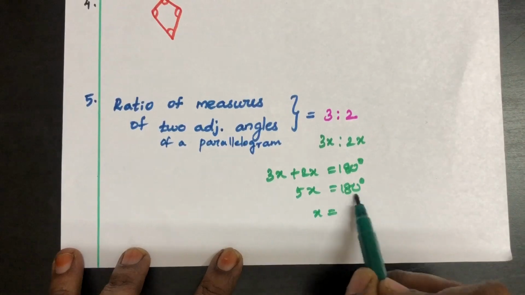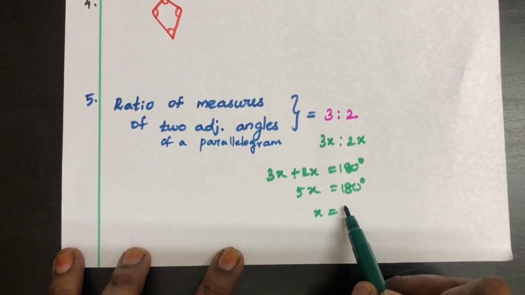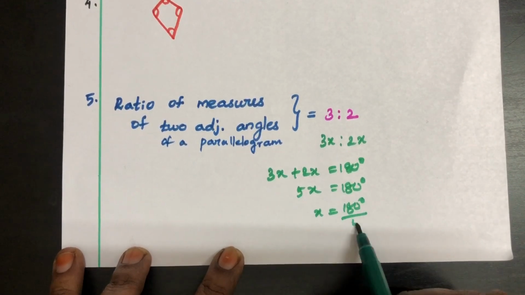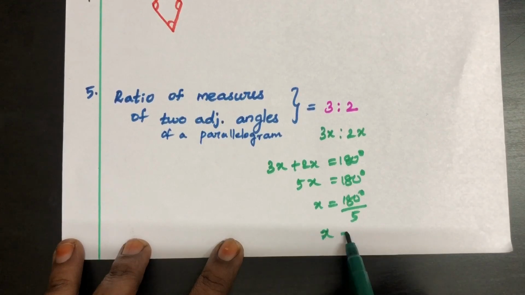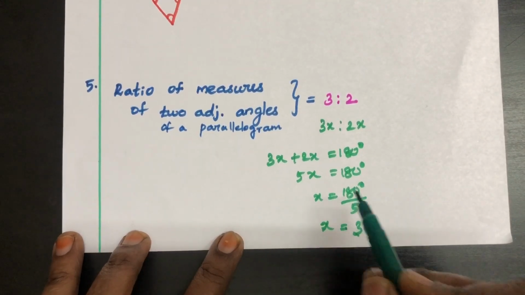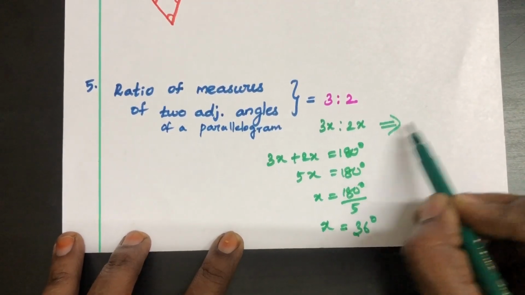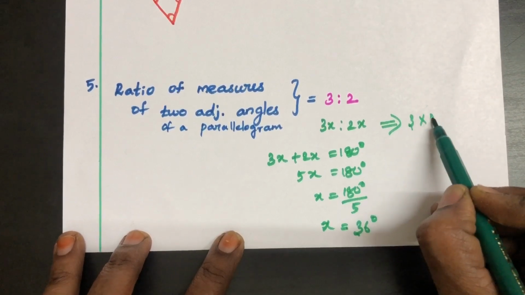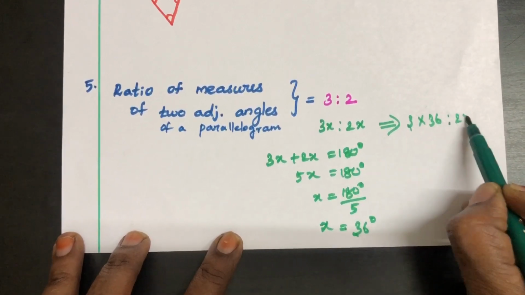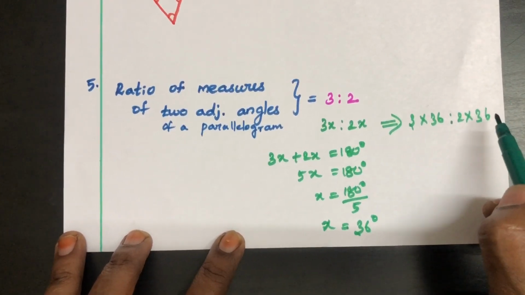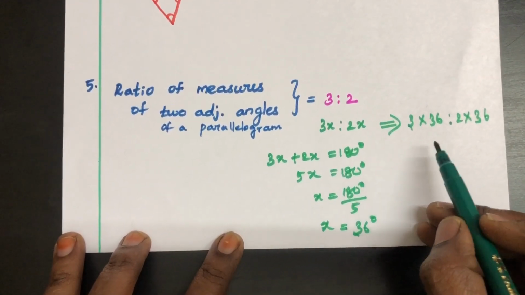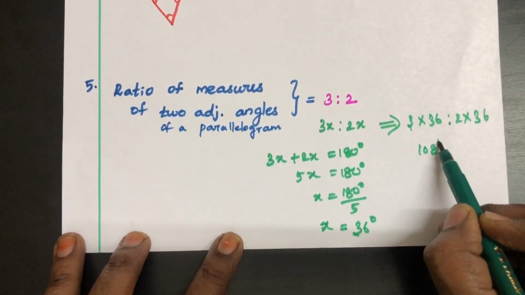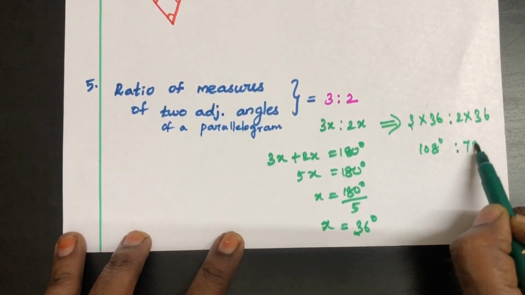X equal to 180 degree divided by 5, equal to 36 degree. Now, if we apply 36 degree, 3 into 36 is to 2 into 36. This gives us 108 degree is to 72 degree.